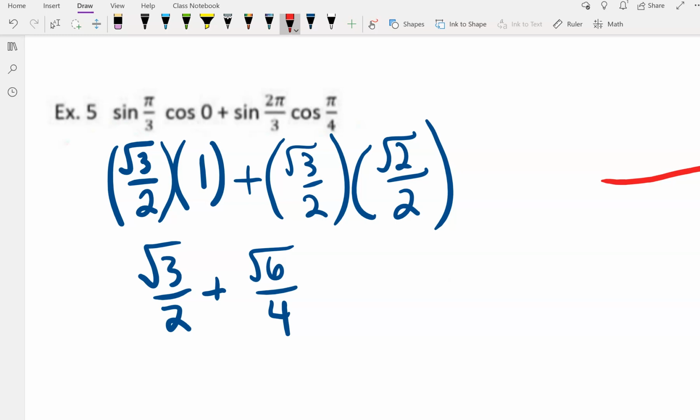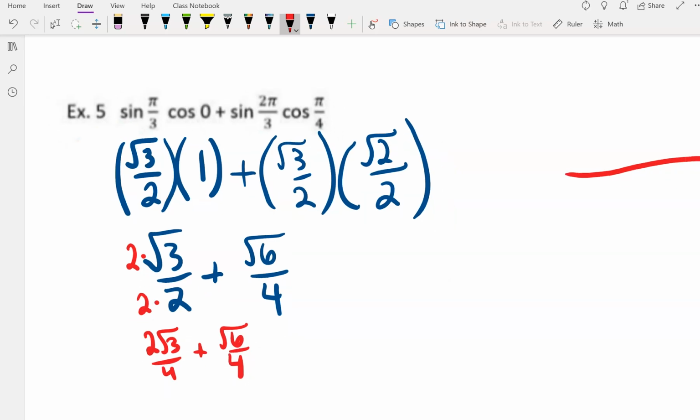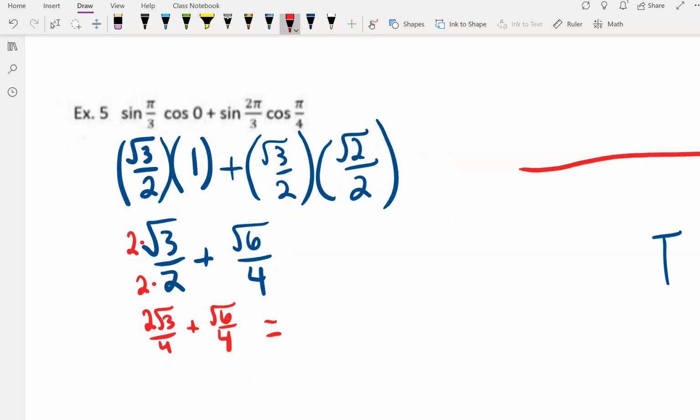So I'm going to multiply top and bottom of this one by 2 so that we have common denominators. This will now be 2 root 3 over 4 plus root 6 over 4. I can add those together as one big fraction with a denominator of 4, but since these radicals are different, I can't actually combine them, so it's going to be 2 root 3 plus root 6 over 4.